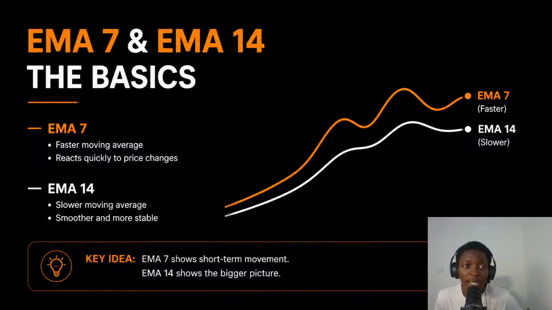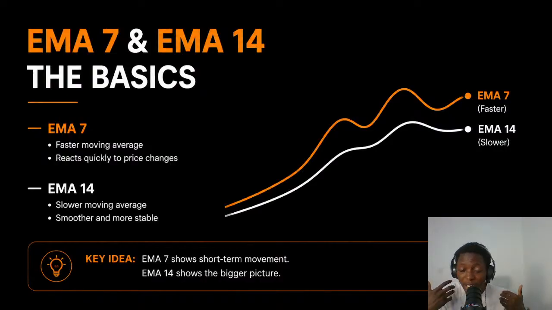An exponential moving average, or EMA, is a moving average that gives greater weight to more recent price data. It responds more quickly to recent price changes than a simple moving average. That's the reason why we're going to be using an EMA, because we are trading the binary options market.